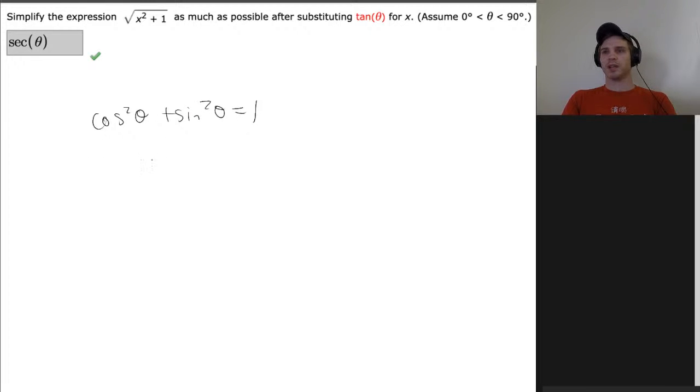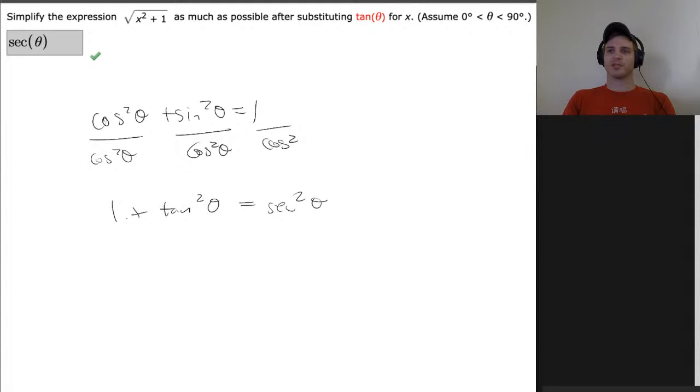And then to make a tangent out of this, I've got to divide both sides by cosine squared. So cosine squared over cosine squared, sine squared over cosine squared, and what you get is 1 plus tangent squared theta equals secant squared theta. Okay, so let's hold on to this for a moment.